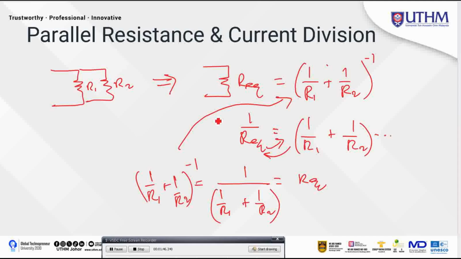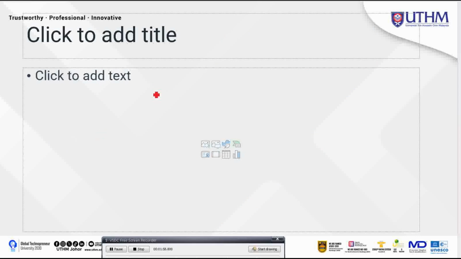Then let's say we have a circuit with resistors in parallel. We have the voltage supply, then the first resistor R1, and then the second resistor R2.